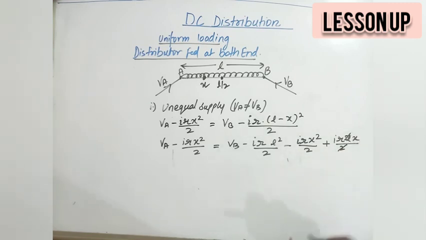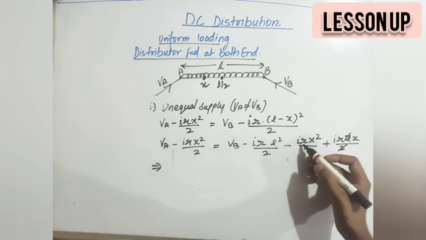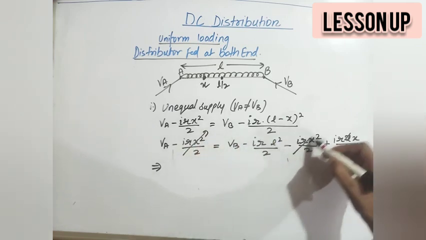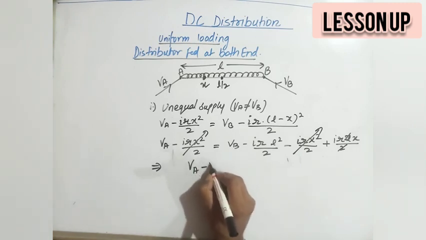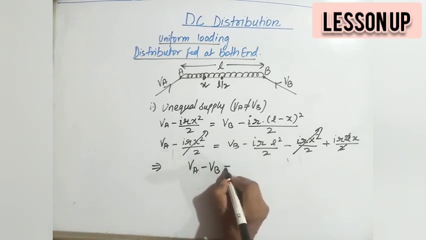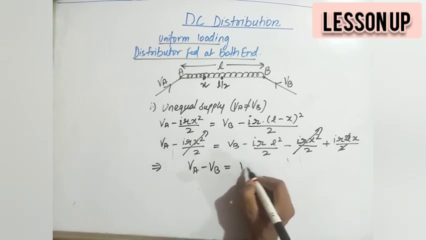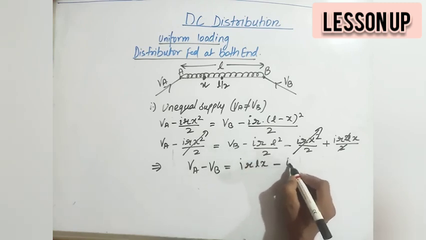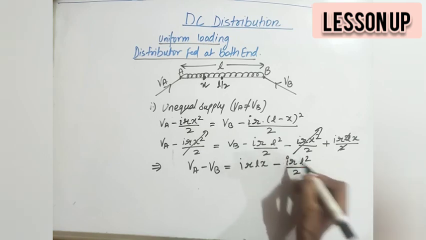So these two will get cancelled, the IR X square divided by 2 and this IR X square divided by 2 will get cancelled. So VA minus VB will be equal to IR Lx minus IR L square divided by 2.